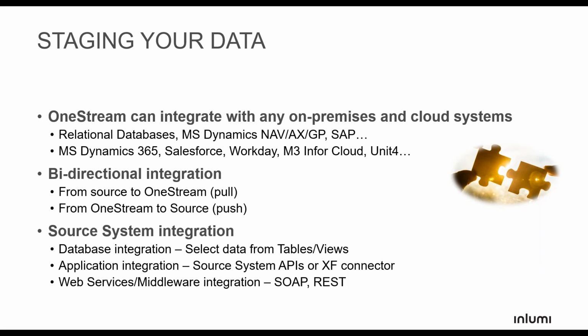And finally, we can also extract data through web services or a middleware layer. We can use SOAP web services, we can call REST APIs, and we can also use REST to consume OData services. Each of these approaches of course has some pros and cons, and it's not as simple as ABC. You need to evaluate the requirements in order to choose the right one for your solution.